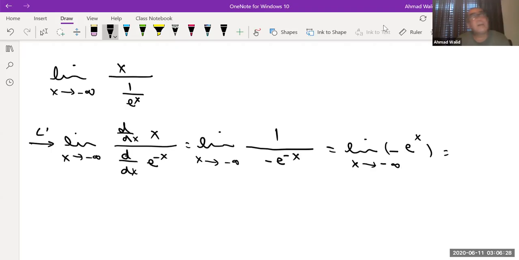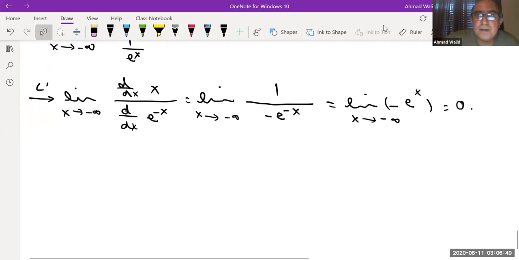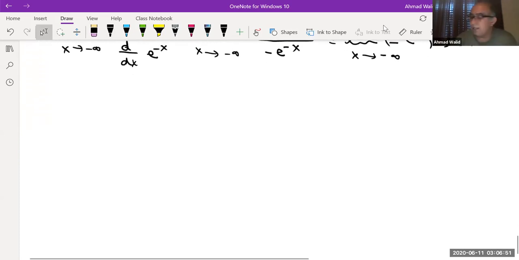And we saw that e to the x as x approaches negative infinity gives you 0. Negative 0, we don't have negative 0. It means your answer is what? 0. That was the second type of the indeterminate form of limit, correct?